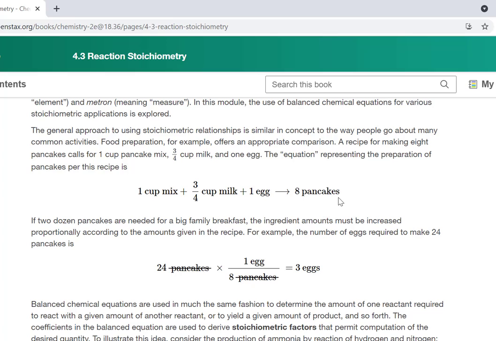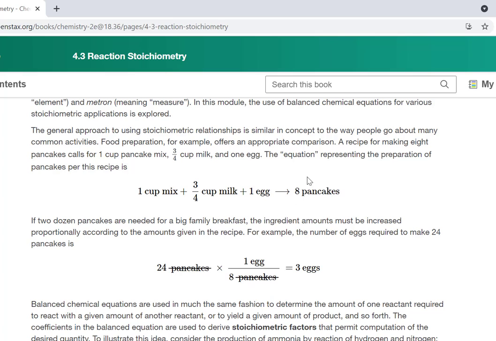So what we can do is use this recipe to figure out, well, what if we wanted more than that? What if instead of 8 pancakes we wanted 24 pancakes? How would that change the recipe?